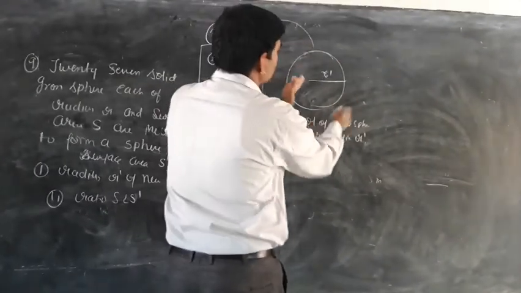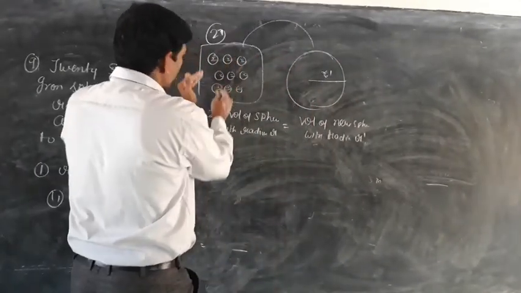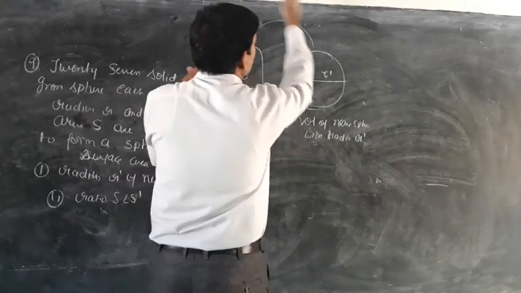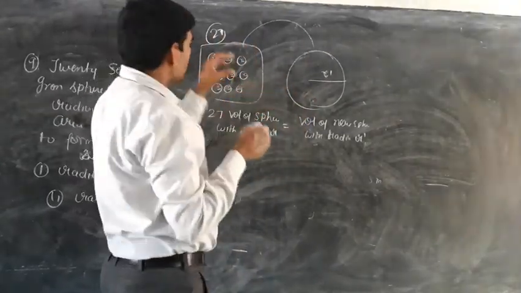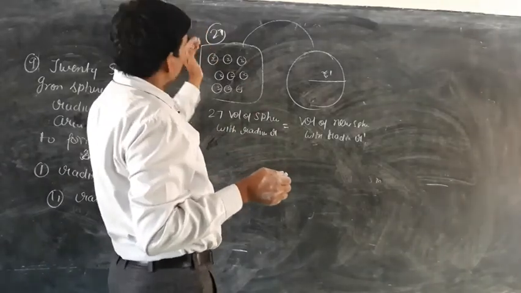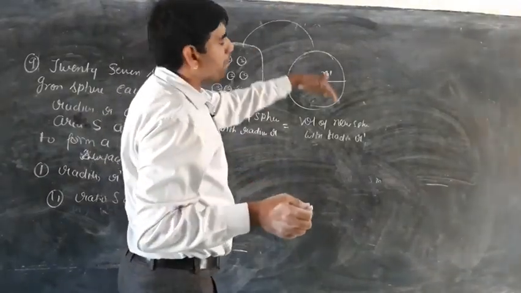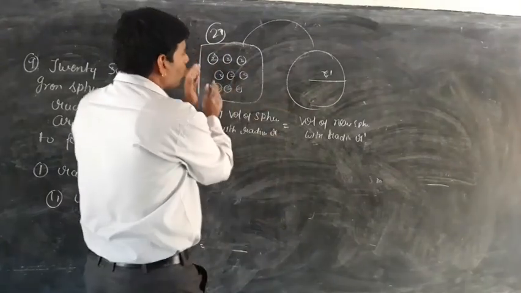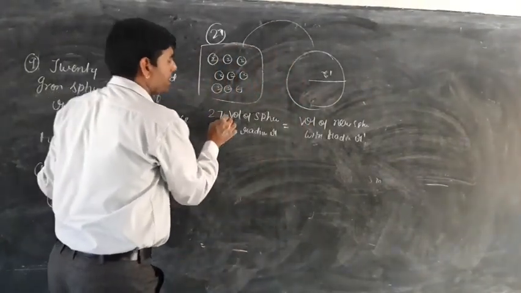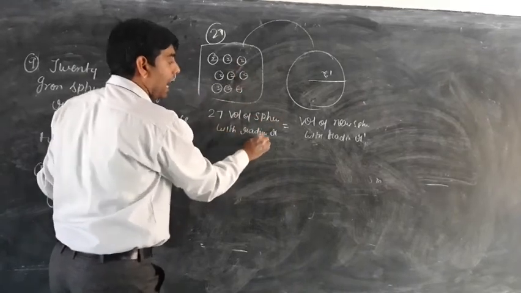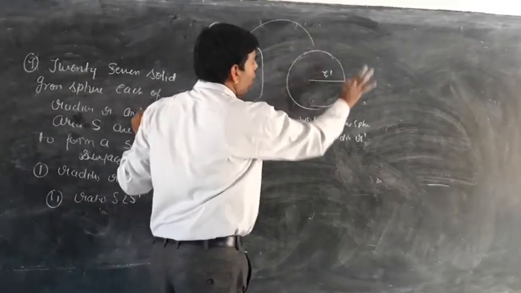Both volumes will be the same, because the small iron spheres are melted and made into one big sphere, so the volume will be the same.